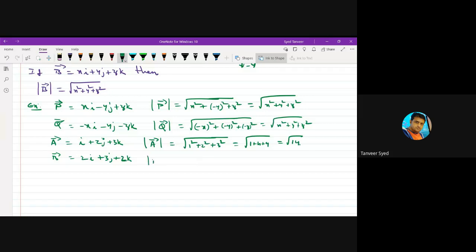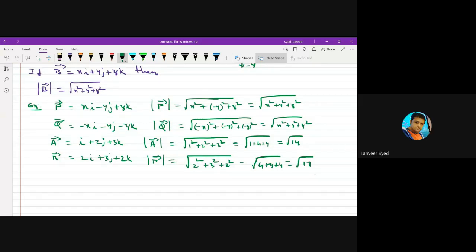Then the magnitude of vector B is root of 2 square plus 3 square plus 2 square, 4 plus 9 plus 4, 8 plus 9, root 17. Like this, you can find the magnitude of any given vector.